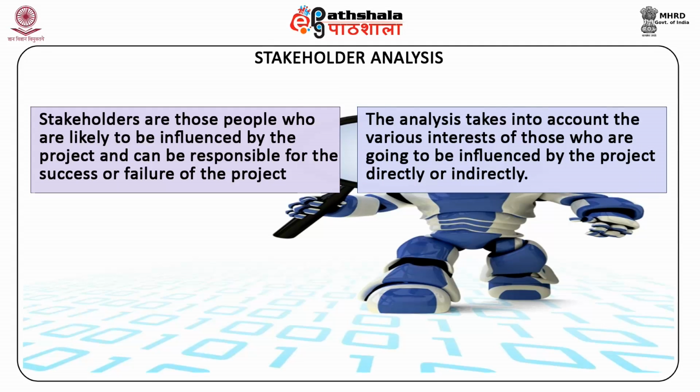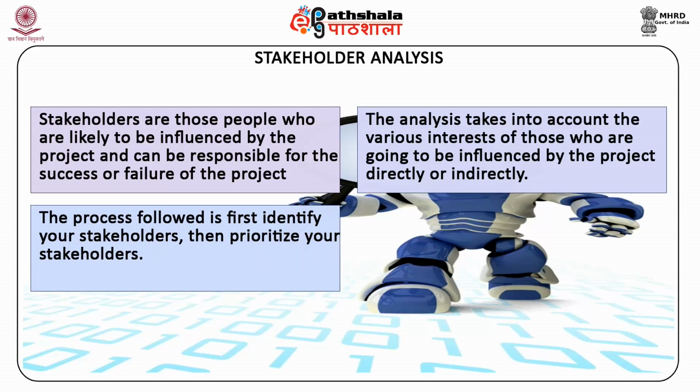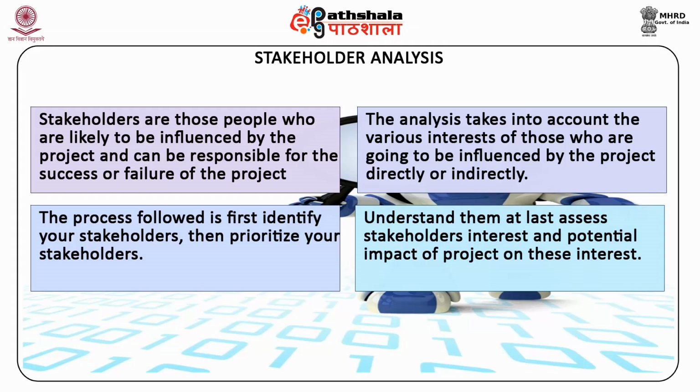The analysis takes into account the various interests of those who are going to be influenced by the project directly or indirectly. The process followed is: first identify your stakeholders, then prioritize them, understand them, and lastly assess stakeholders' interests and the potential impact of the project on these interests.